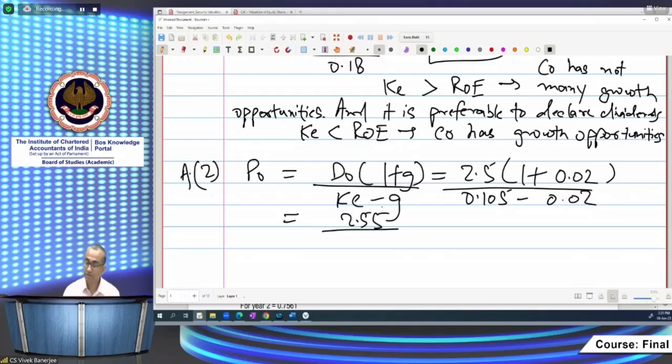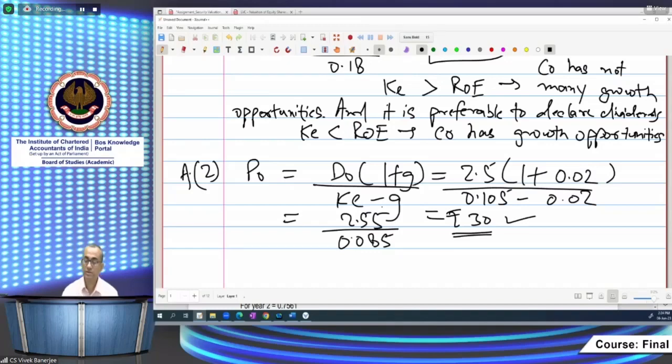2.55 divided by... it is coming to about 30 rupees.